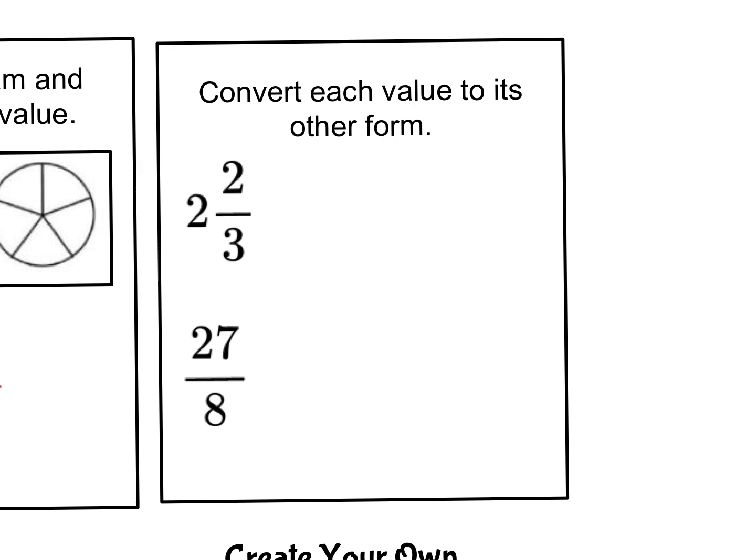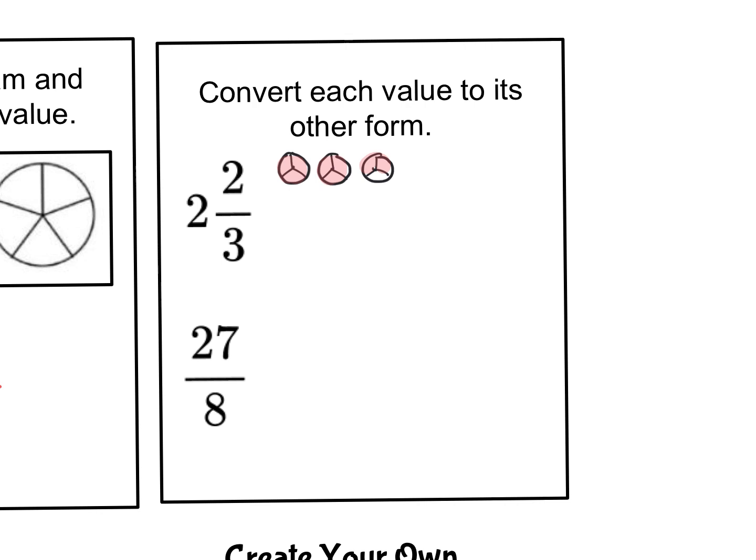Now, as we think through this, we can always use the visuals or draw out pictures to help show our thinking. So here, for example, if I have to draw out 2 2/3, I would draw out 2 full circles, and then 1/3 of our next one. So what I'd have to do is cut that into thirds, and because I eventually want to rename this as an improper fraction, I'm going to cut all of those into thirds, and I'm going to shade in 2 2/3.